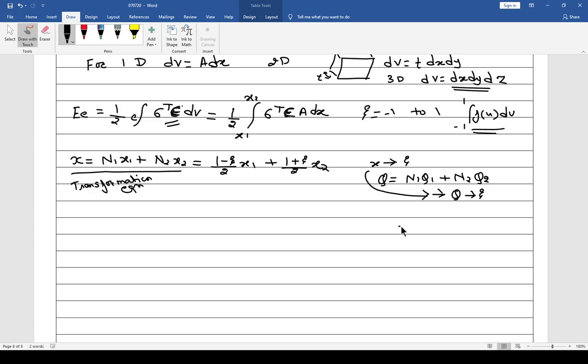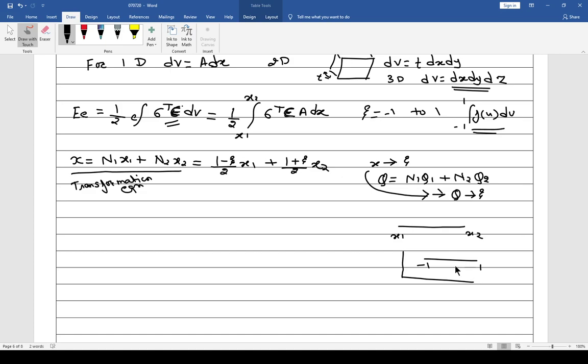There is an element whose limits are x1 and x2, and we are going to transform this x1 and x2 in such a way that it will change to -1 to 1. Whatever the value of x1, whatever the value of x2, it will change to -1 to 1. That is what is going to happen.